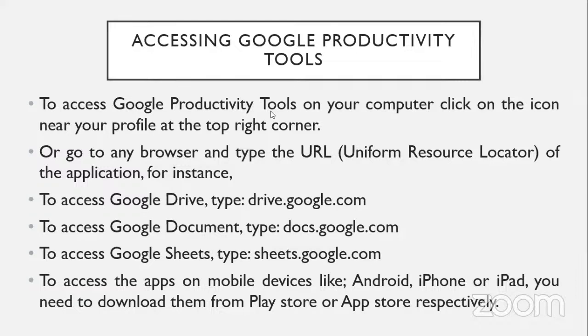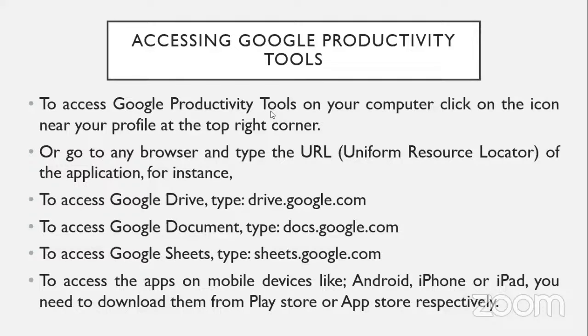Another way of accessing the Google productivity tools is by typing the URL, the uniform resource locator, of the application. For instance, if you want to access Google Drive, you type drive.google.com. If you want to access Google Docs, you type docs.google.com.